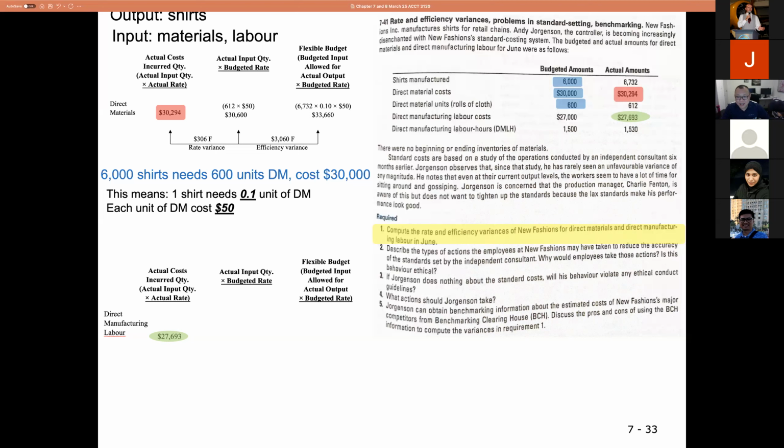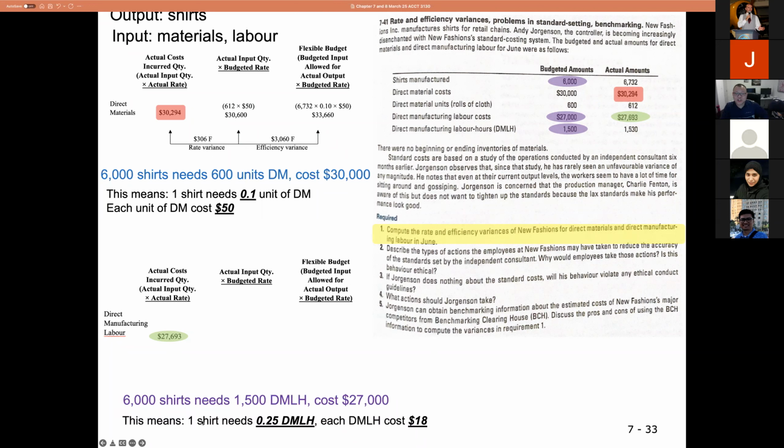And then we take the 1,500 hours divided by the 6,000 shirts to get the 0.25 hours for your budgeted direct manufacturing labor hours per unit. So you can see I use the purple color for those 3 pieces of information you're going to need to figure out. 6,000 shirts will need 1,500 direct labor hours. The shirt is the output, direct labor hour is the input, and the total cost is 27,000.